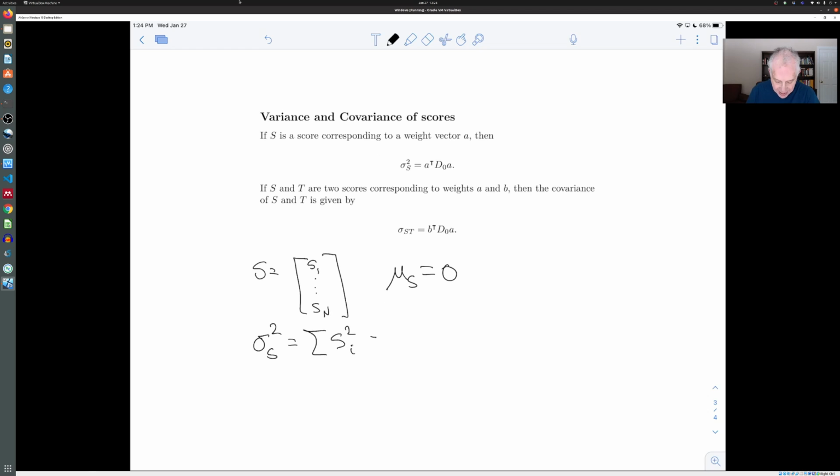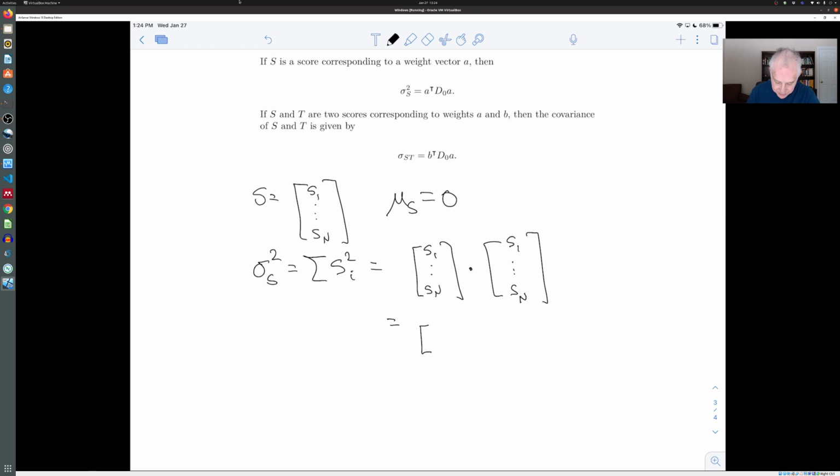One way to think about that is it's the dot product of the vector S1 down to Sn with itself. Or you could think of it as the matrix multiplication, S transpose S, divided by n.